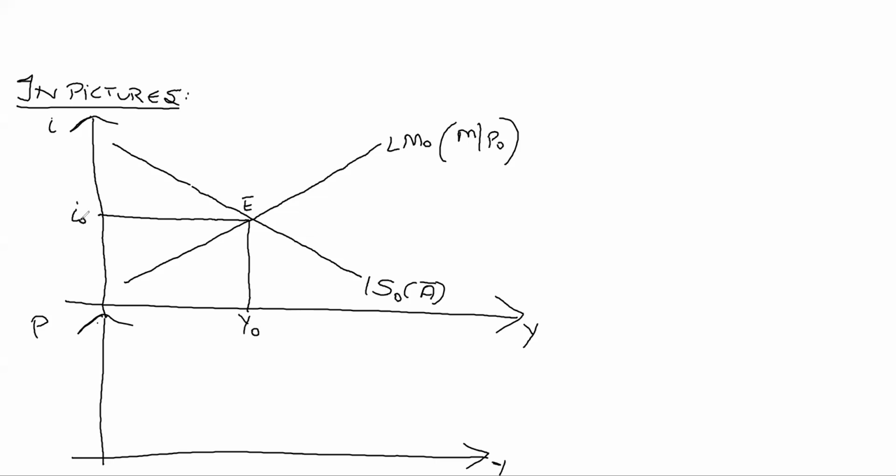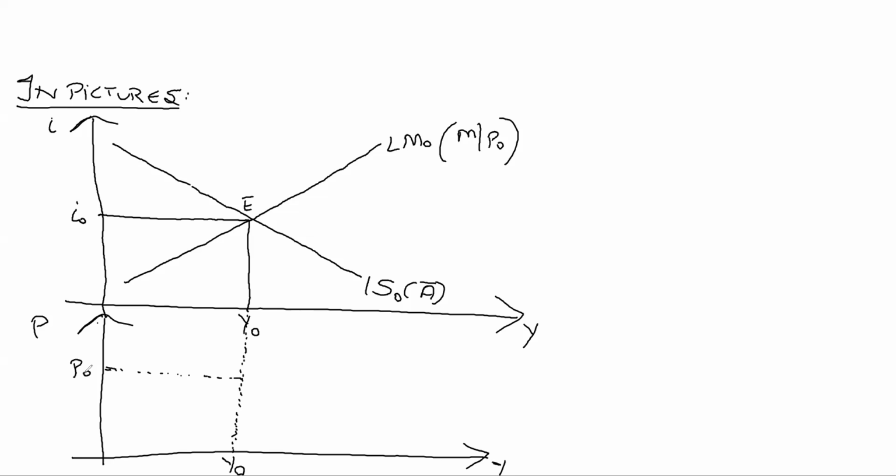This is I0, initial interest rate. Okay. And this is my output level Y0 when my price is P0.